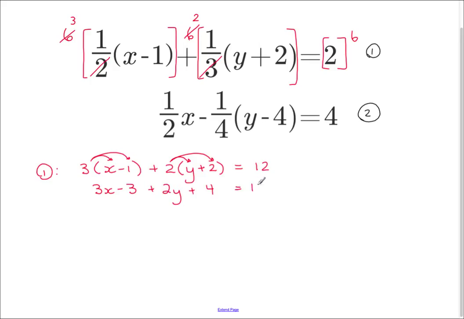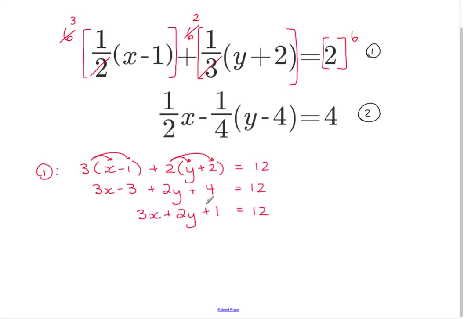And this side has nothing to do, so we're just going to leave it as 12. Now over here, I've got the negative 3 and the positive 4, which when those go together, I'm going to get 3x plus 2y. A negative 3 and a positive 4 gives me positive 1. Still nothing to do on that side, so I'm going to leave it as 12.